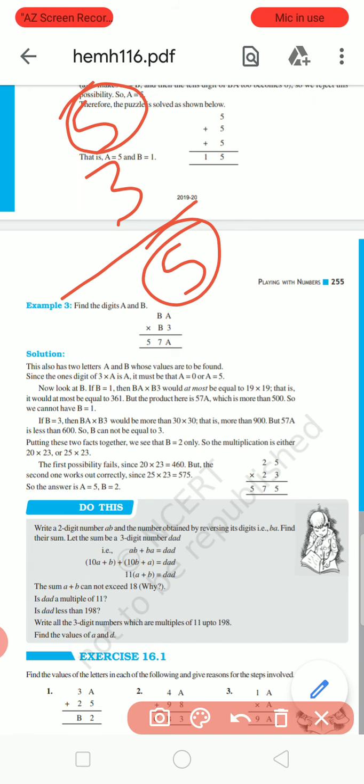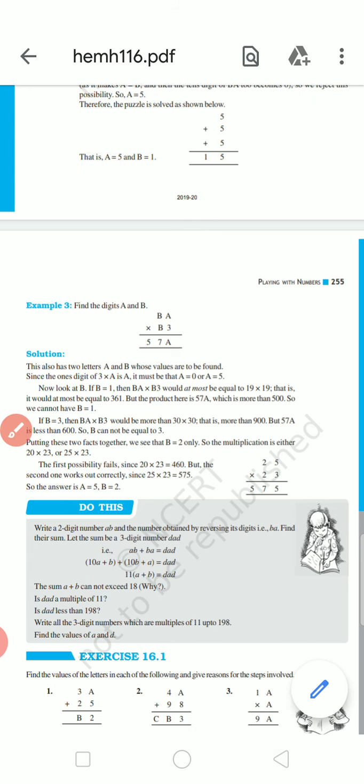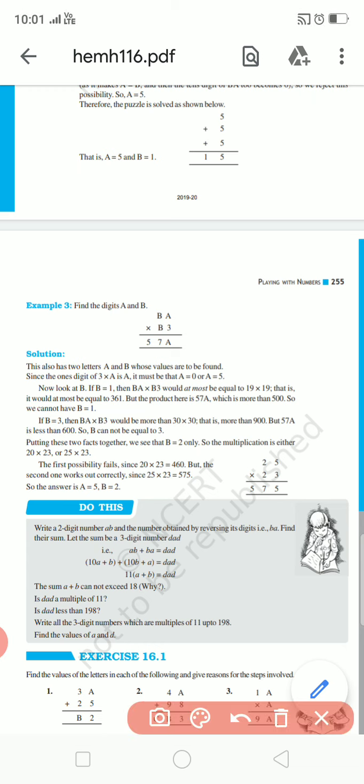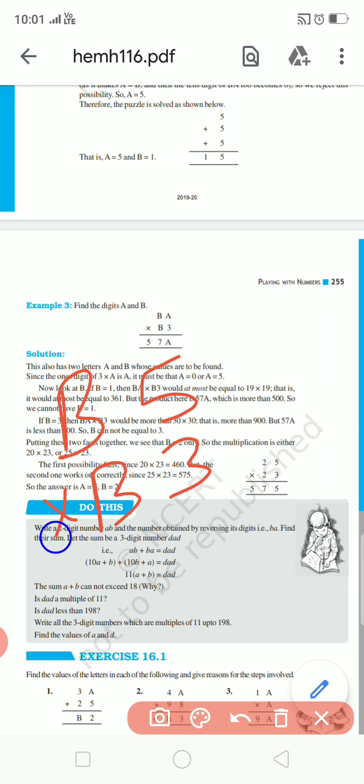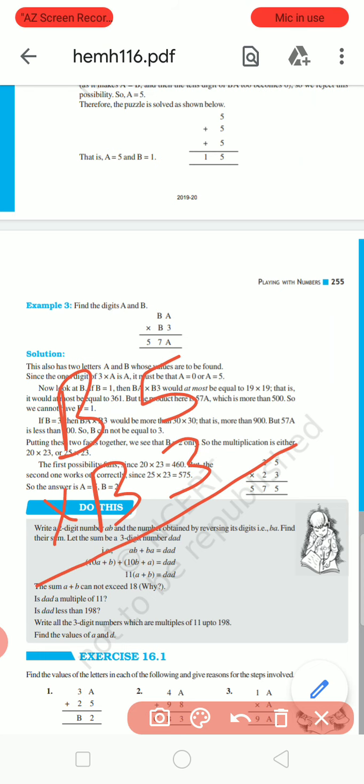So B must be, let me rewrite it. You have been given 5, we choose here 3, B we have, and we have to multiply it. So the multiplication will be, here we have 5, 3 5s are 15, carrying 1, and if you multiply with B plus 1, it will be 7 and 5.